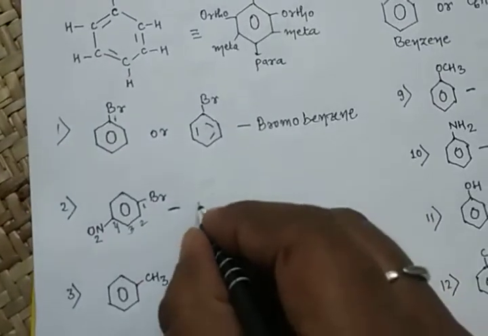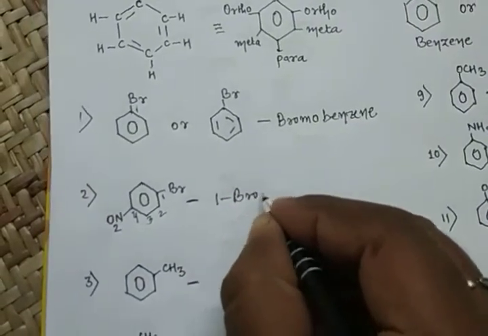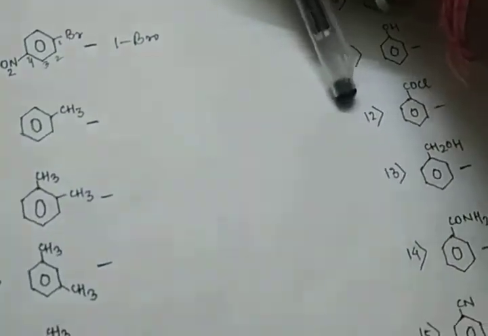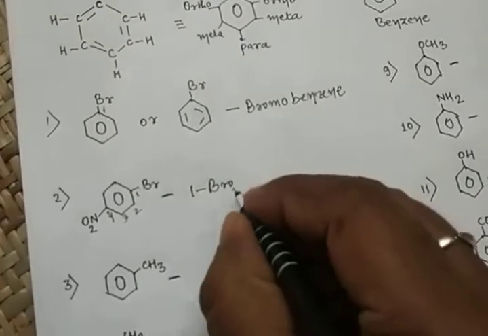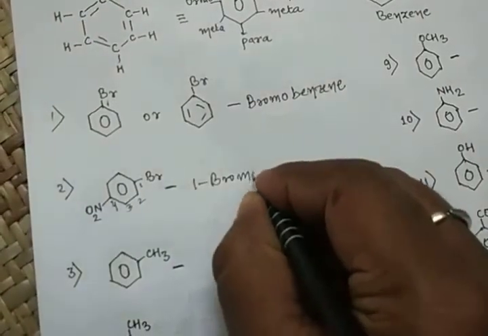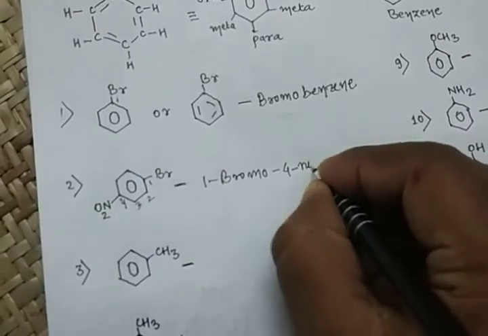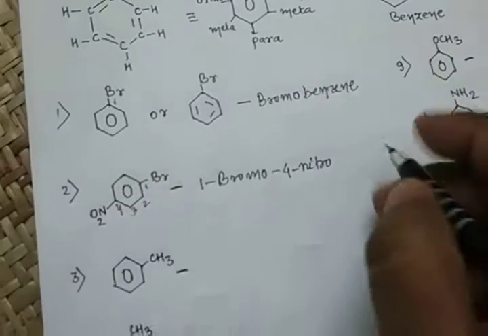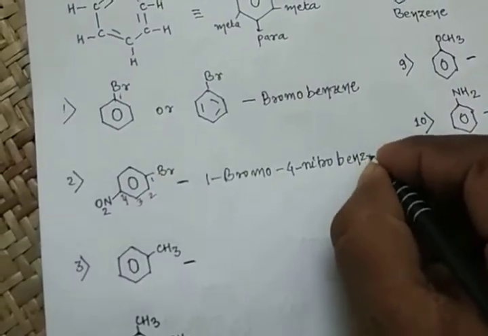So alphabetical arrangement: 1 bromo and 4 nitro, and this structure is benzene. Clear? 100% clear, all of you?